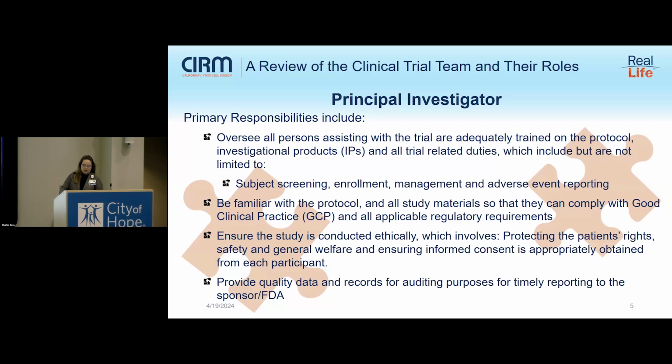They need to ensure that the study is conducted ethically, and it involves protecting patient rights, safety, and well-being when they're doing the informed consent, as well as when they're continuing with the patient on treatment, that they're putting the patient first, as well as complying with the study requirements. They also oversee the quality of the data provided during sponsor and FDA audits to ensure timely reporting.